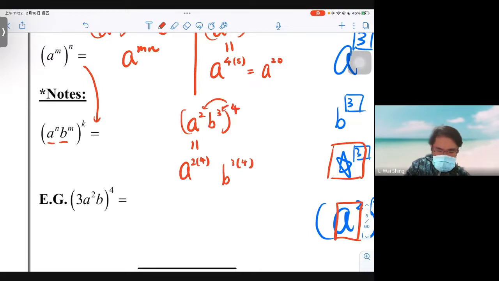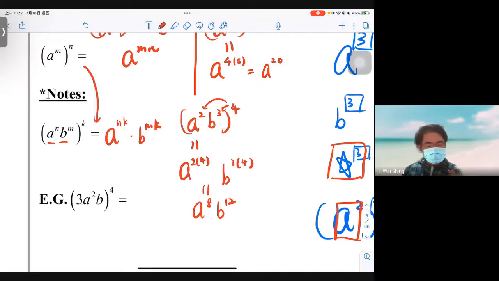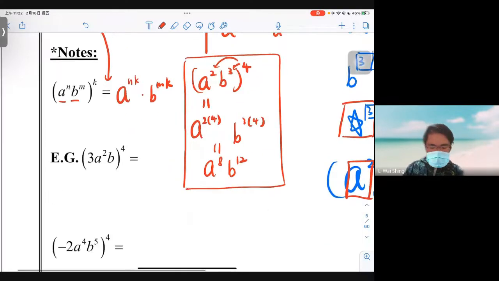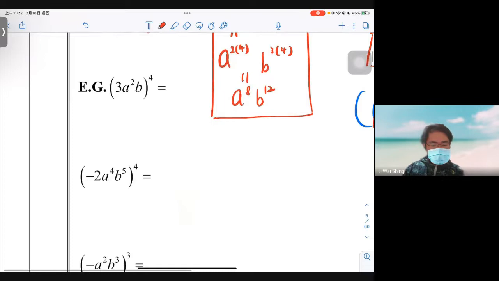So you will have a to the power 8 and b to the power of 12. So it equals a^(mk) times b^(nk). You can distribute the power inside if it is multiplication.